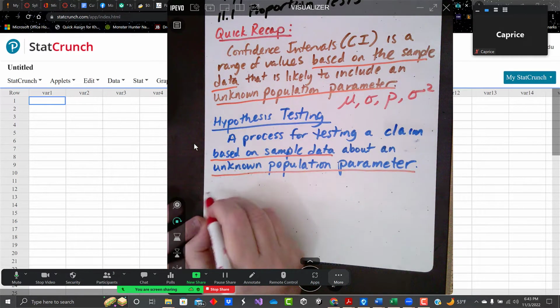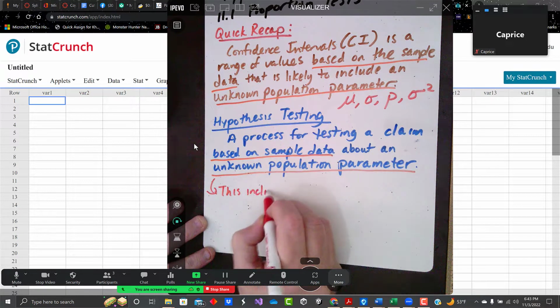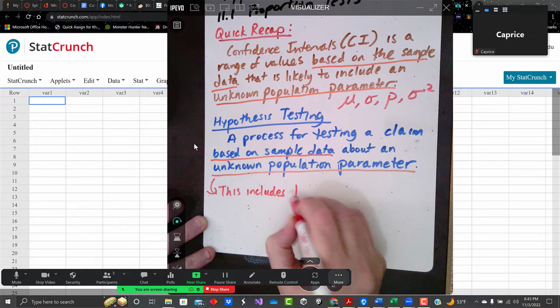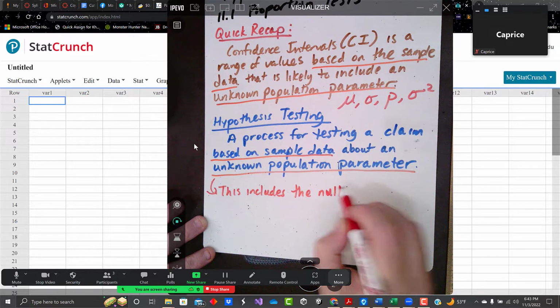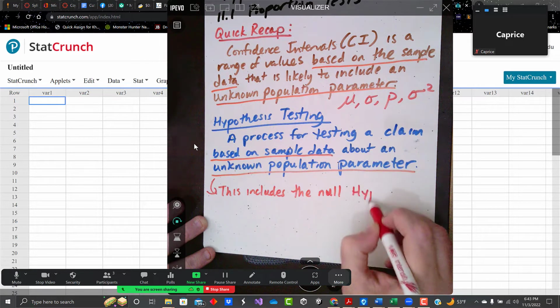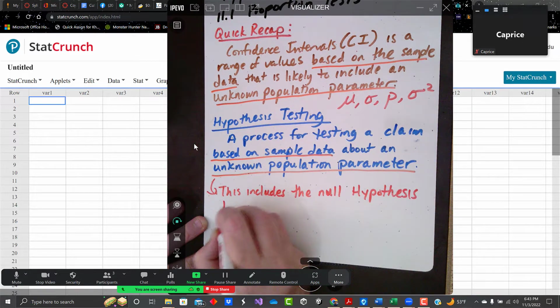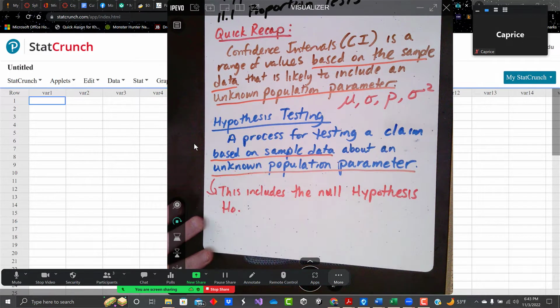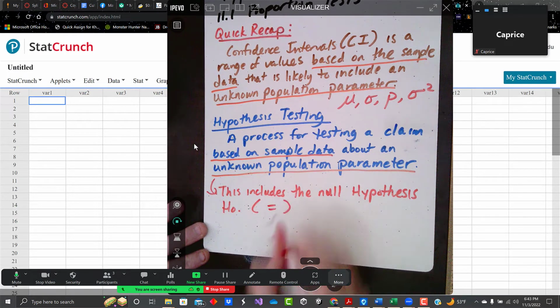So the hypothesis test includes the null hypothesis, H naught. Remember that comes with an equal sign. Always has the equal sign in it.